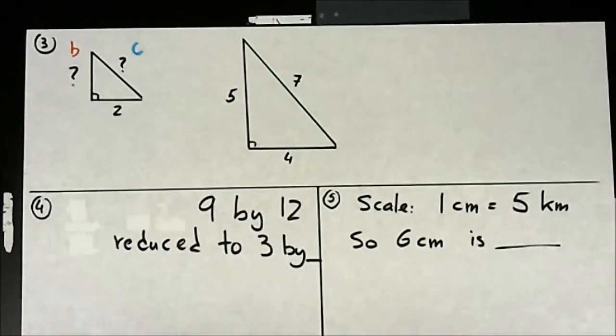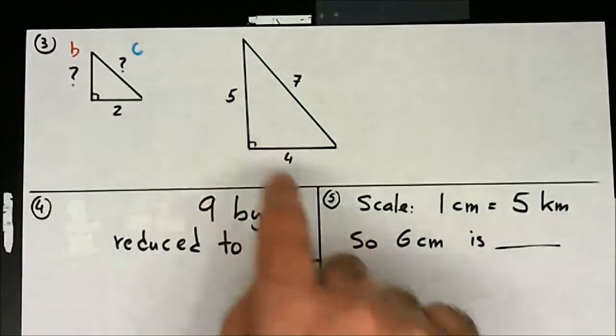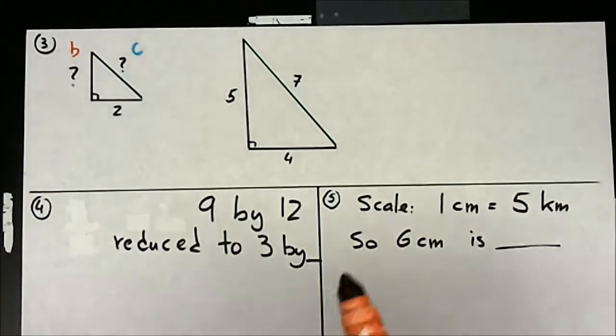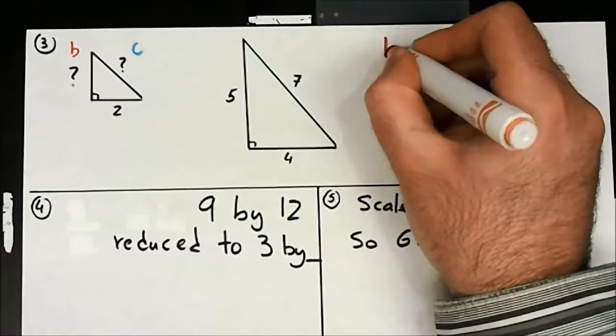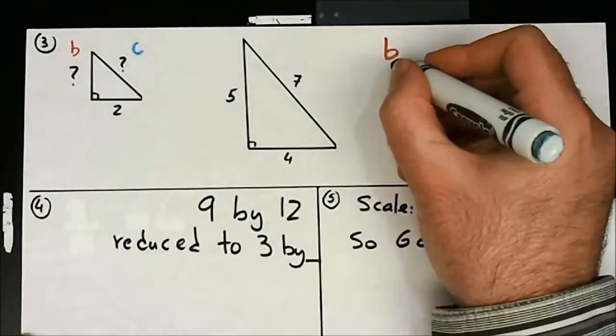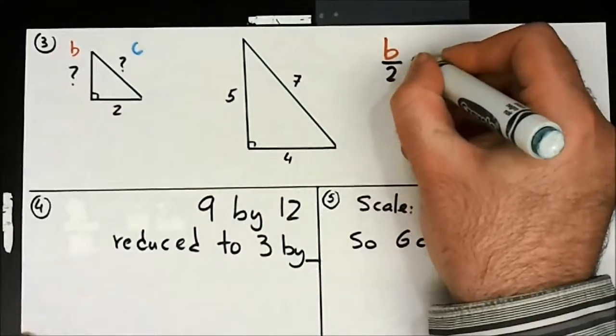So I'm going to set up my proportion. I'm going to compare first B and the known side to the corresponding sides on this triangle. So this is the ratio I'm going to set up. I'm going to say B over 2 equals to what?